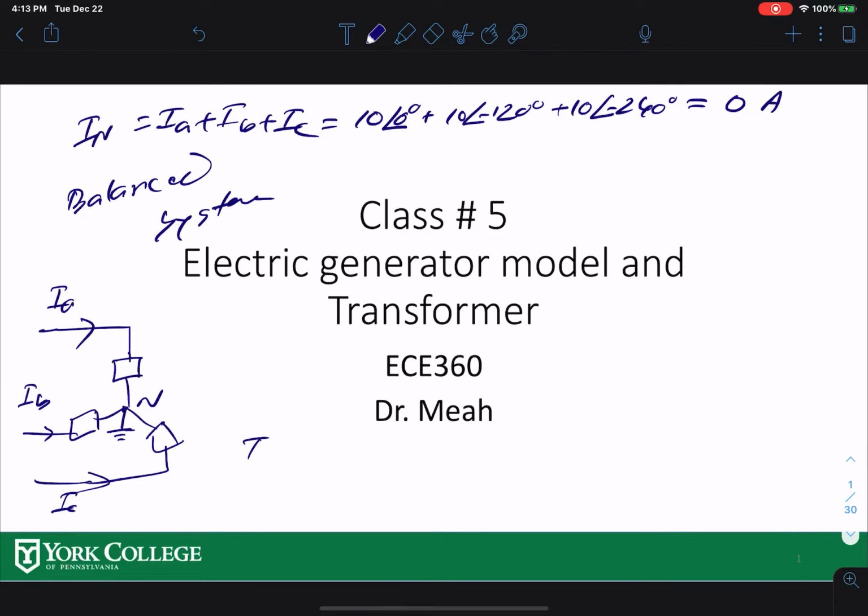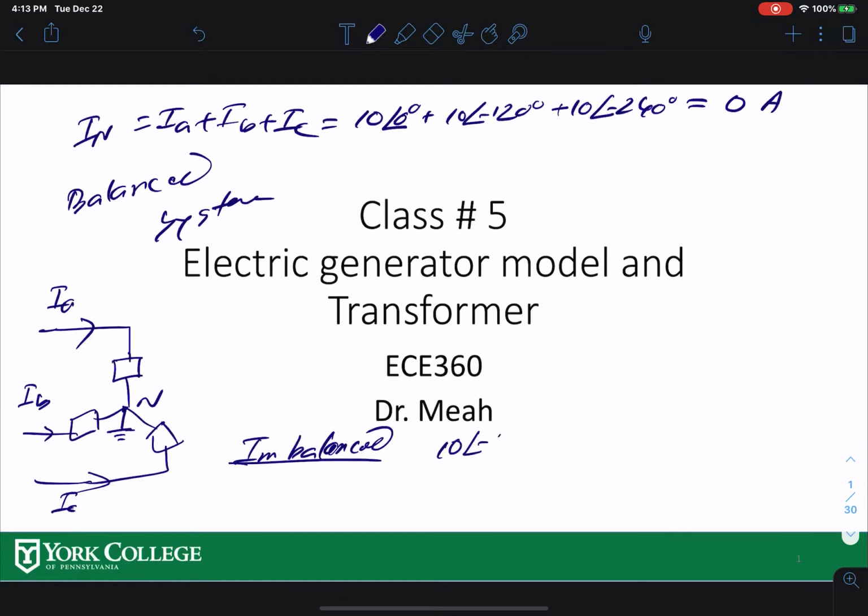But what if the system is imbalanced? Is it still 0? Let's take a look at that. I'm going to keep the magnitude the same here and just change the angle.